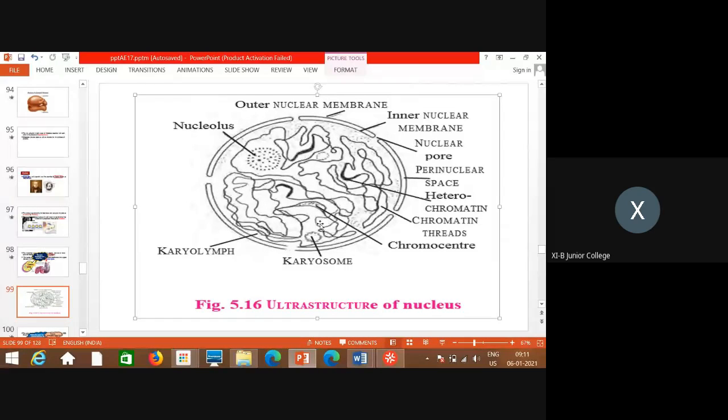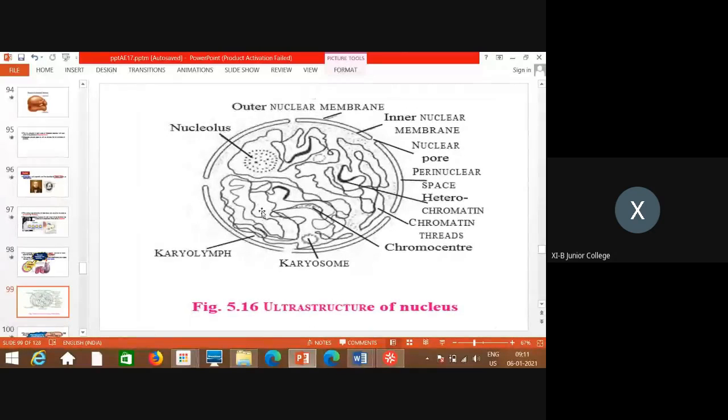Not only that, inside this nuclear membrane, semi-solid or you can say aqueous material is present, and that is called as karyolymph, or this is also called as nucleoplasm. The plasma which is present inside the nucleus, that is called as nucleoplasm, and the same is called as karyolymph.